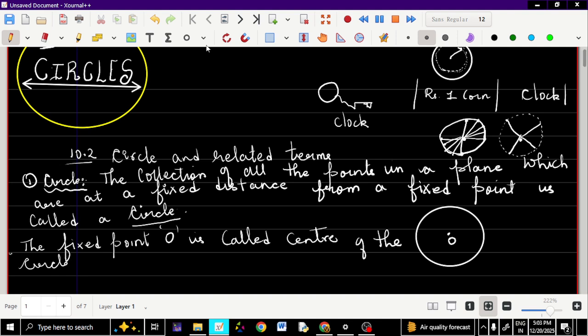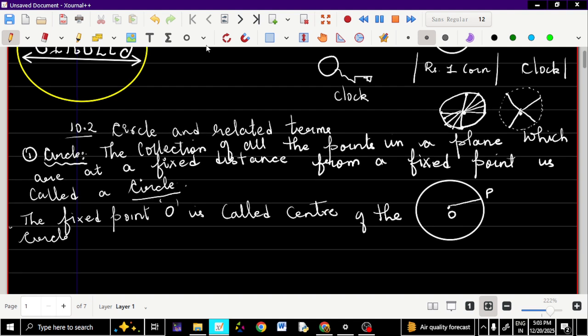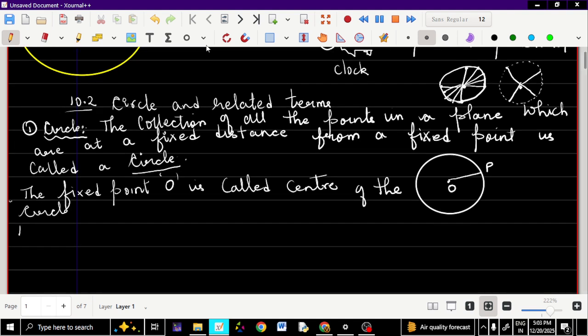For the fixed distance that we are talking about, I'll mark this point P. This OP is called the radius of the circle. Okay, the fixed distance OP is called the radius of the circle.